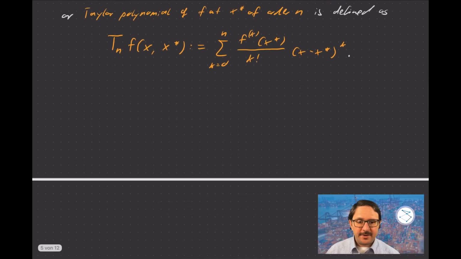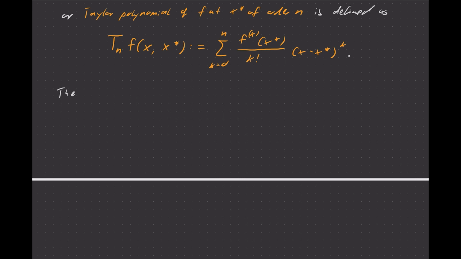And furthermore, we'll be interested, of course, in the approximation quality of that Taylor polynomial. The idea is to get a hopefully good local approximation of a function. So we are also interested in the difference between the function and the Taylor polynomial at certain points. So this difference also gets a name. We'll call this the remainder.